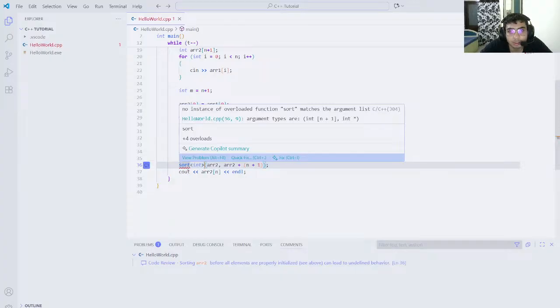Argument types are int n plus 1, int pointer.